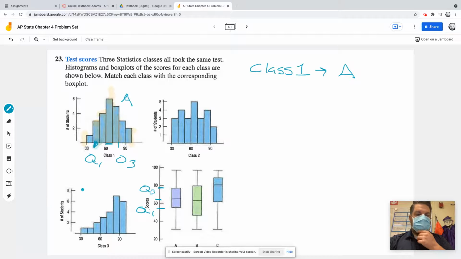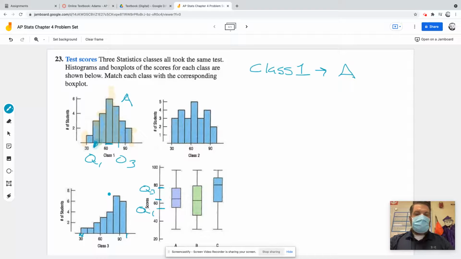Now I'm going to jump to class 3 because that's real easy to do, right? Class 3 is definitely skewed. So my minimum is 30, my maximum is 100. And then I also have to look at where I think the median is.